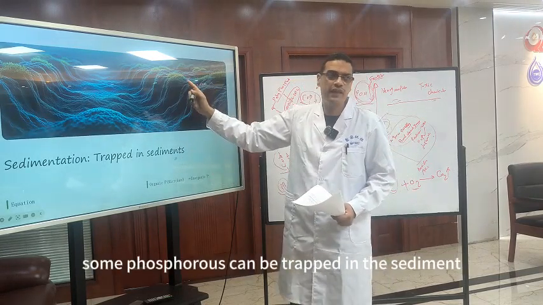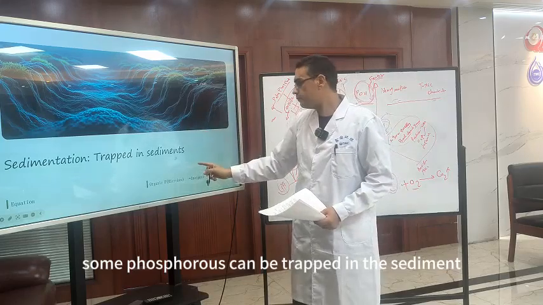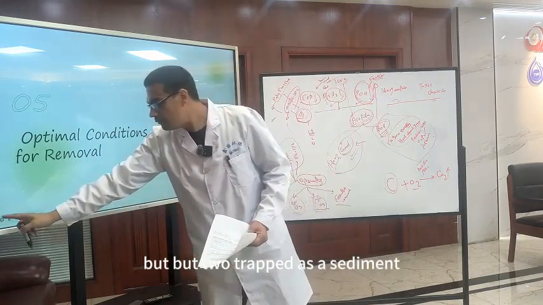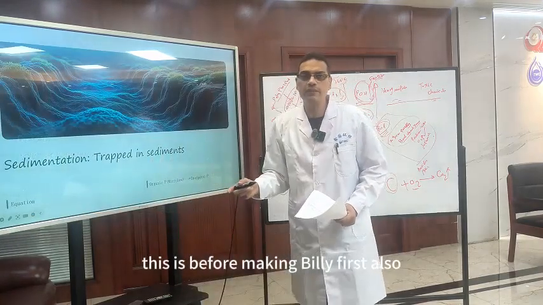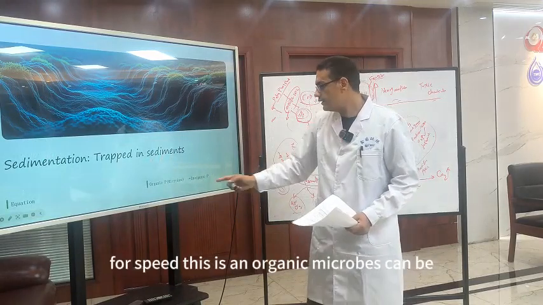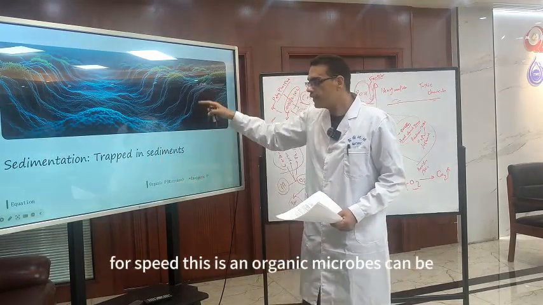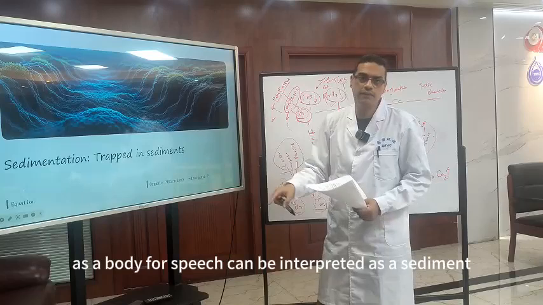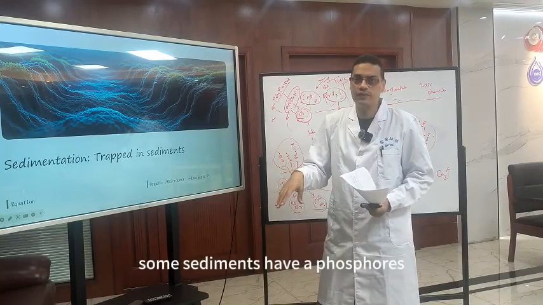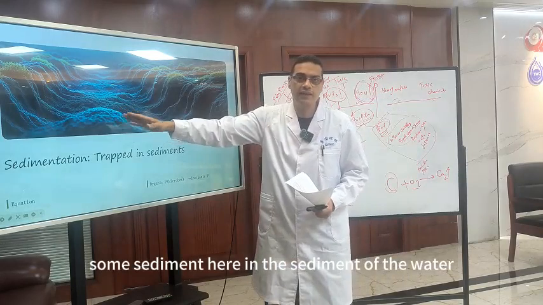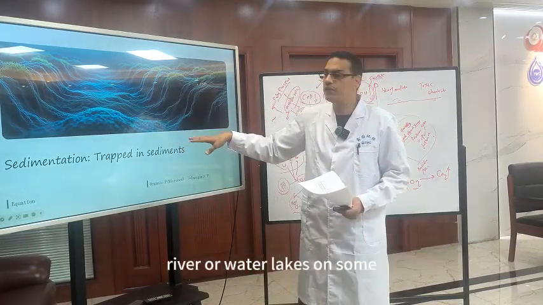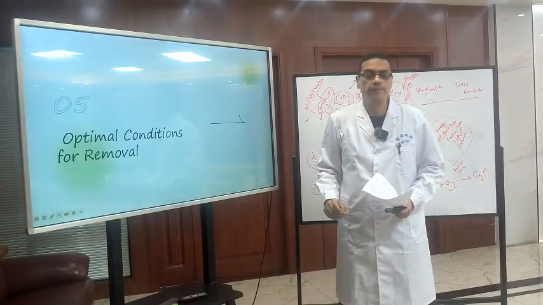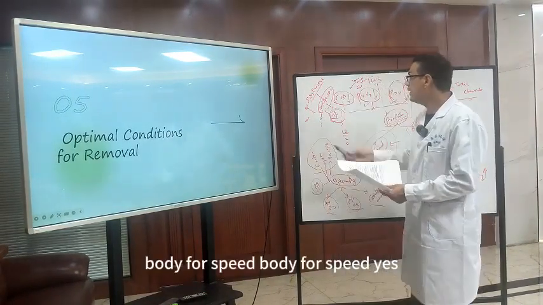Some phosphorus can be trapped in the sediment of rivers or lakes. But trapping as sediment happens before making orthophosphate, as an inorganic form, polyphosphate.